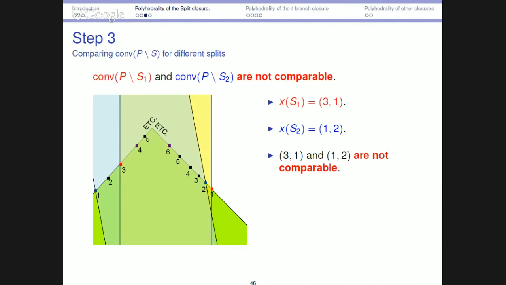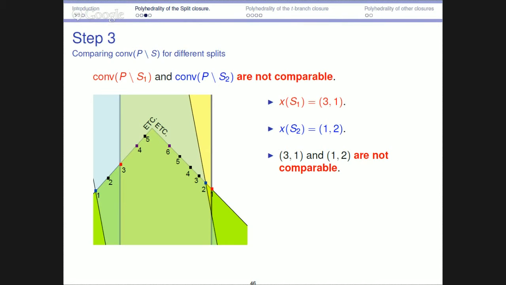So at the end, what will happen is that if we have two split sets, for instance, we compute the intersection points, we associate the numbers, for instance, 1, 2, and 3, 1. And we'll notice that the cuts can be compared in terms of these numbers. So we don't need to look at the convex hull, but we can look at the numbers. For instance, in this case, we cannot compare these numbers.